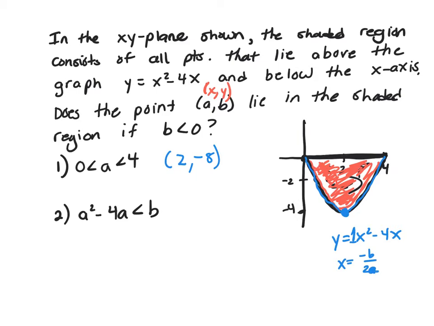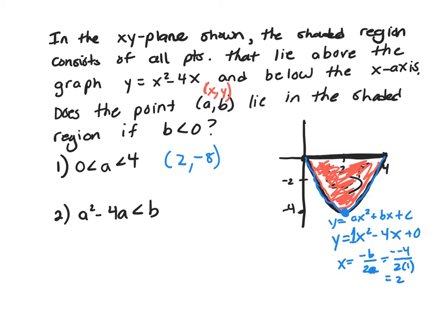Now, this equation is in the form y equals ax squared plus bx plus c. c happens to be 0 because you don't have just a constant. But your a is the number on your x squared, and your b is the number on the x. So your b is -4. Plug that in: negative of -4 over 2 times 1, and that's going to give you positive 2.